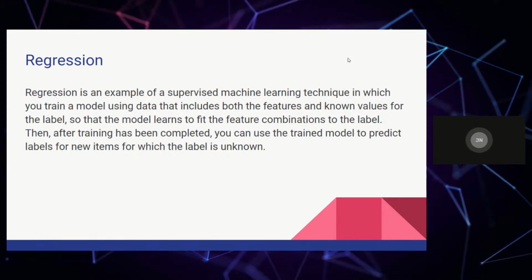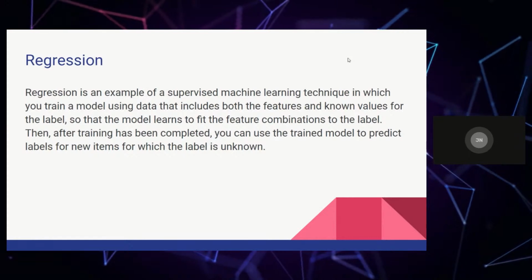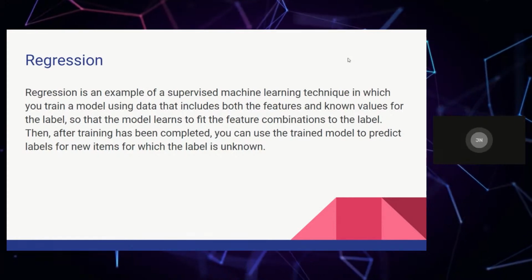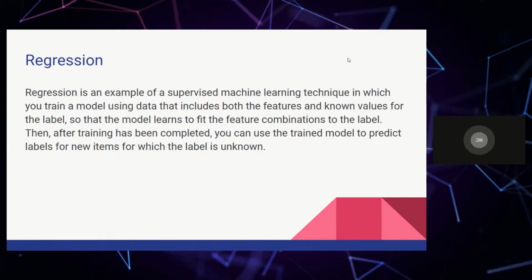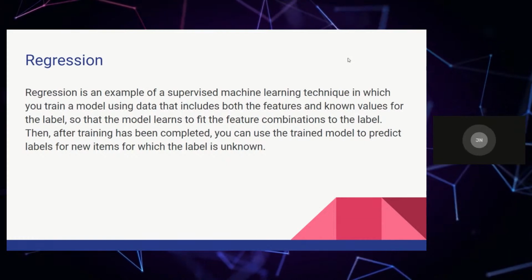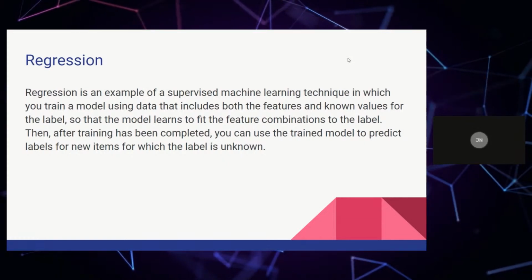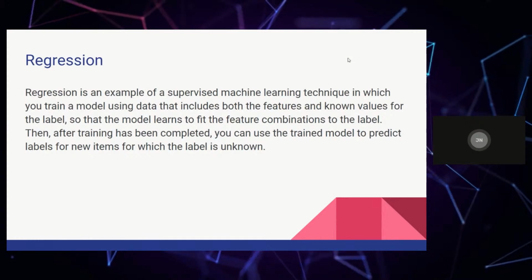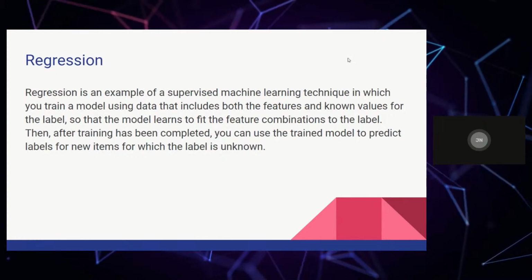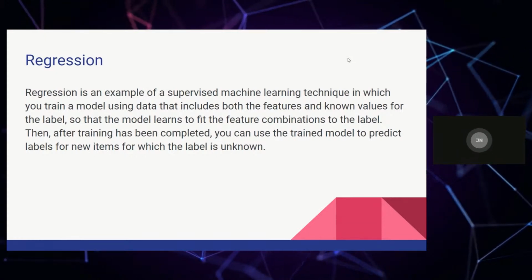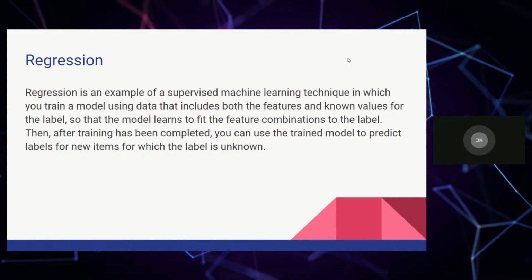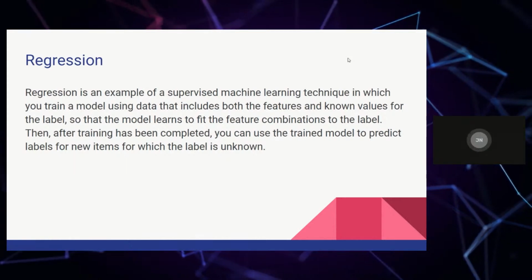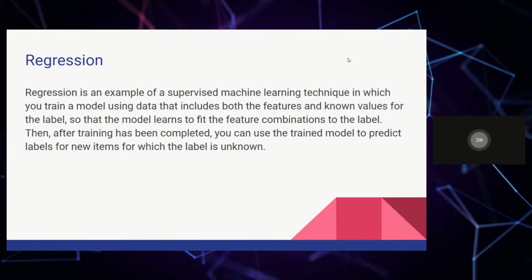Somebody inputs, I need a car that has 6 seats, I need a car that has this engine size. With all of this, it's able to predict that cars with this number of seats and these engine sizes cost so much, and so it's able to predict what the price range of the car that person wants would be.